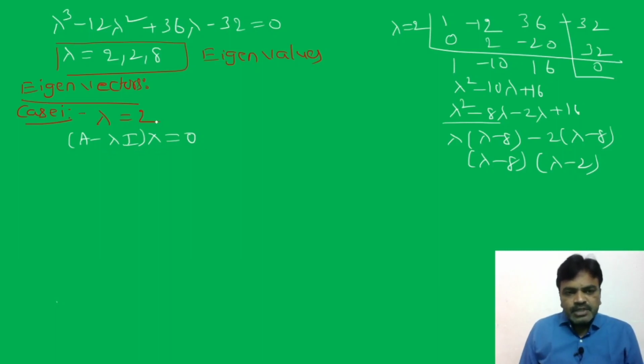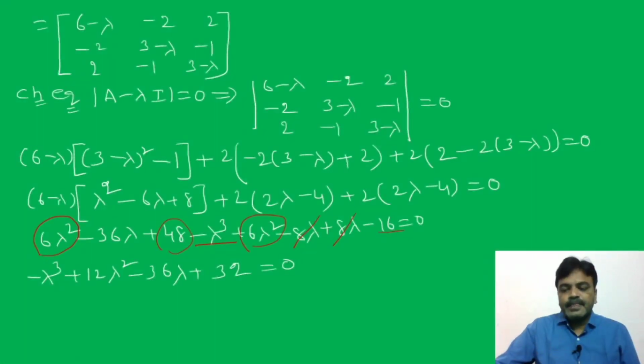Put lambda is equal to 2 in the characteristic matrix, friends. Let us see the characteristic matrix here. 6 minus 2, that means you have 4. Then minus 2, 2.